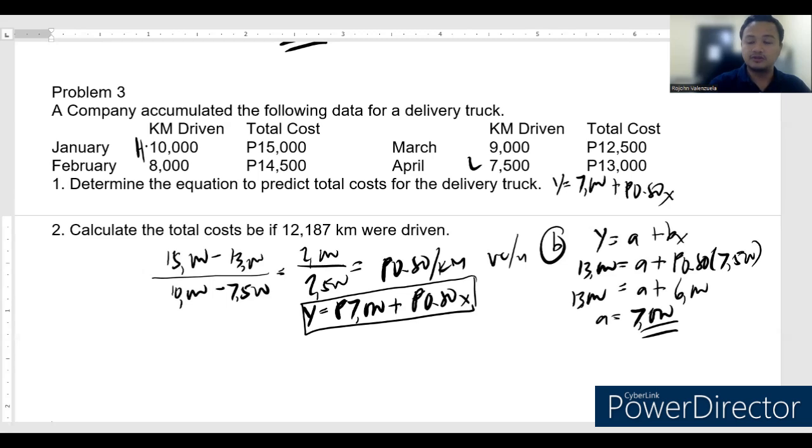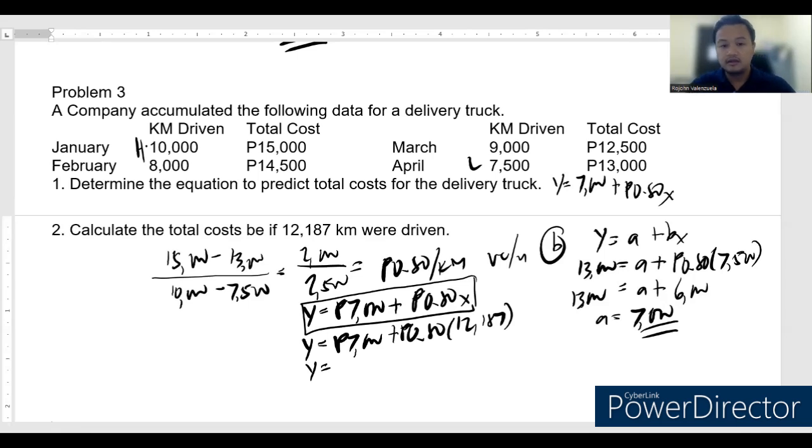Next, so now that we got the equation, we can now predict the total cost for number 2. So, substitute lang natin. Y is equal to 7,000 plus 0.8 multiplied by 12,187. So, Y is equal to 0.8 times 12,187 plus 7,000.